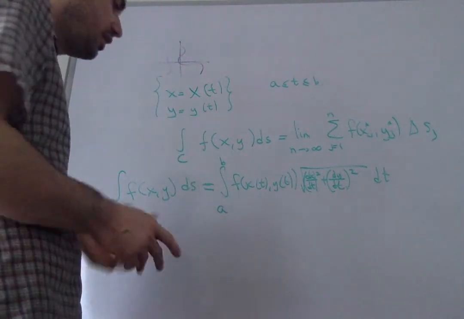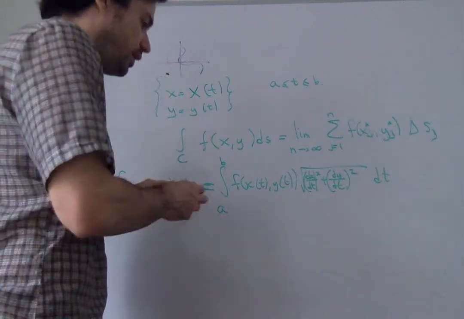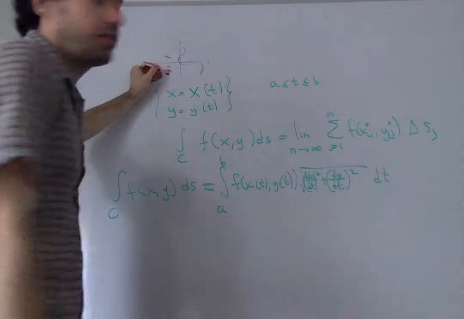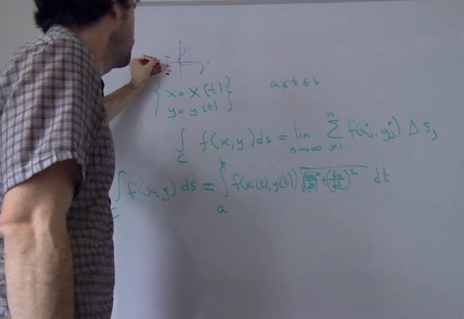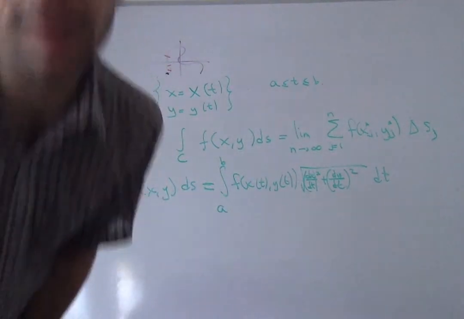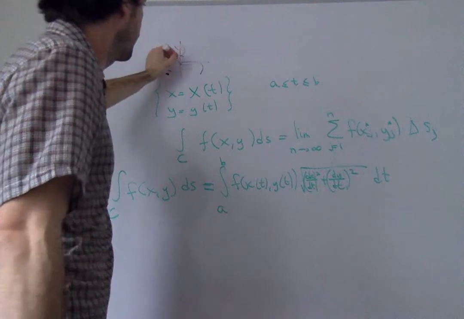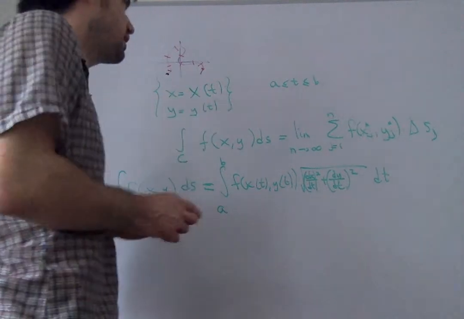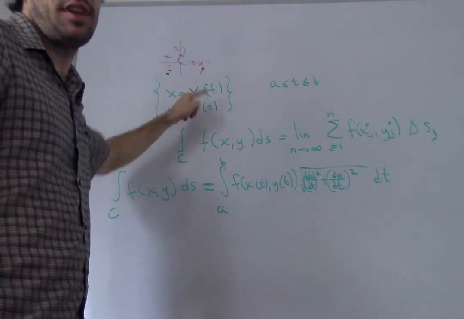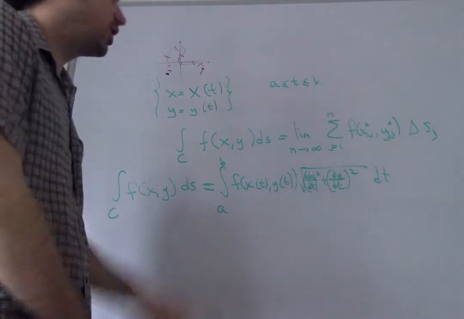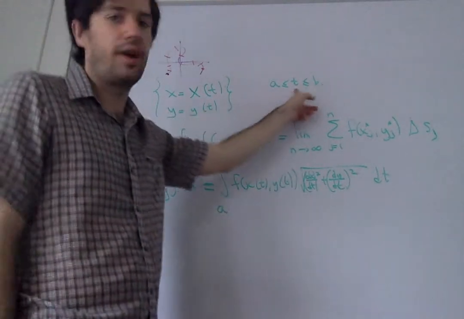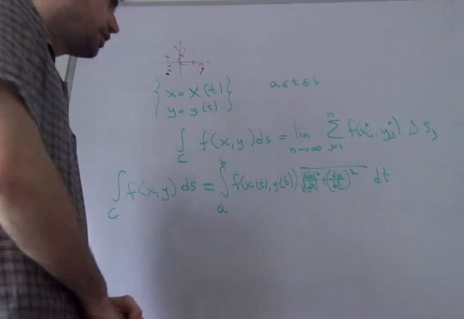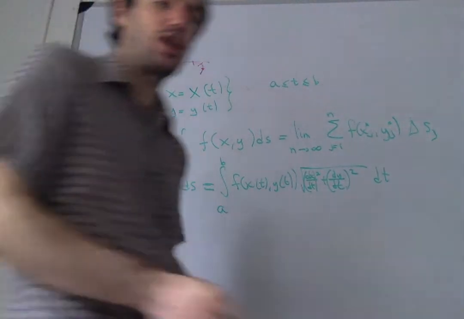At every point in time, if I start here, I can take a snapshot at every instance of time, say this is t1, this is t2, this is t3, and it's going to keep going. So this is all we mean by x equals x of t. It means that x is a function of t, and y is a function of t, where t is going to vary between a and b. Good, so that's how we describe a curve in the abstract.